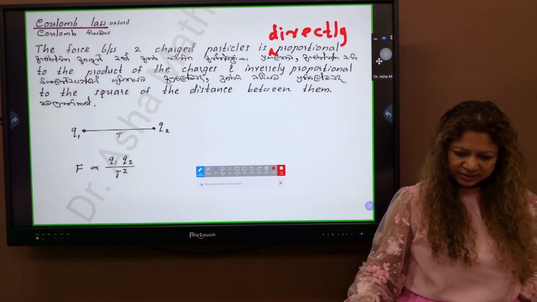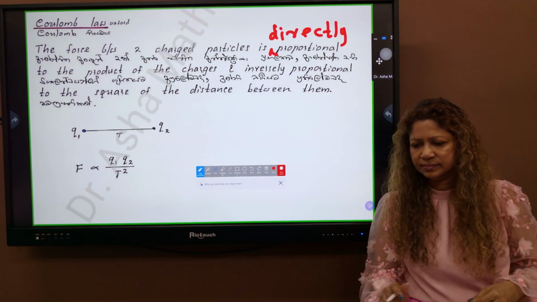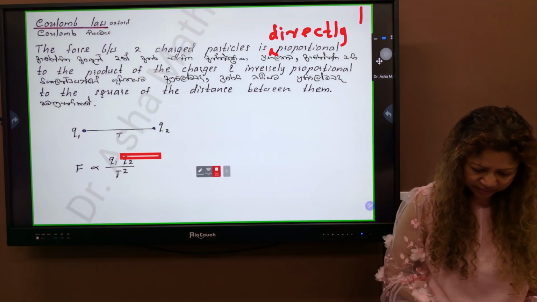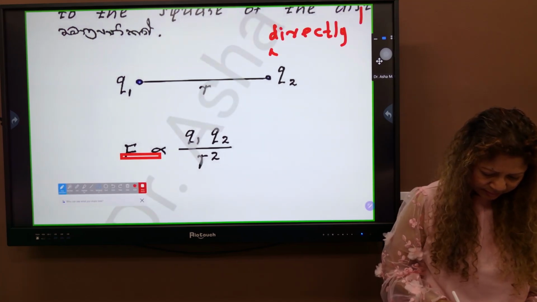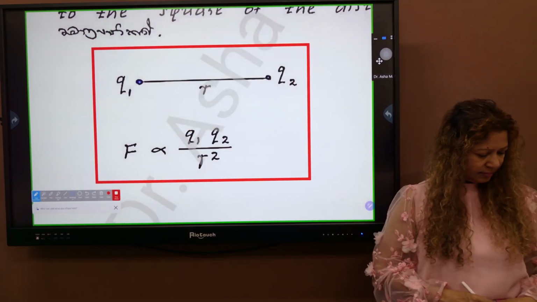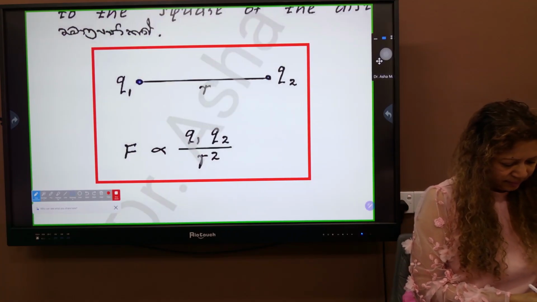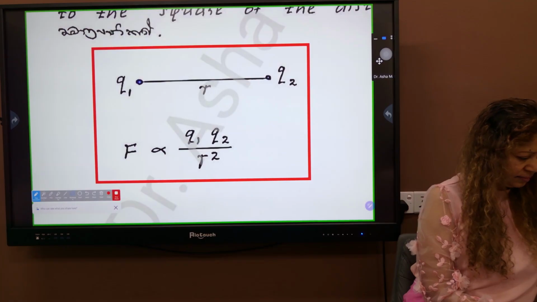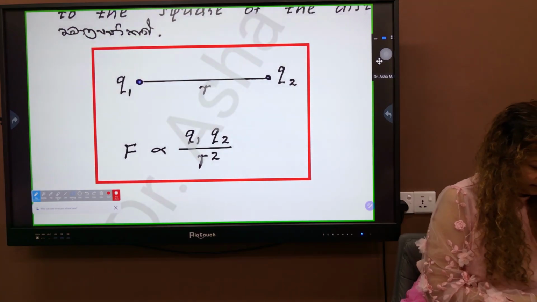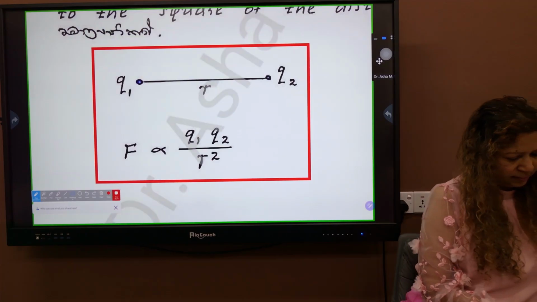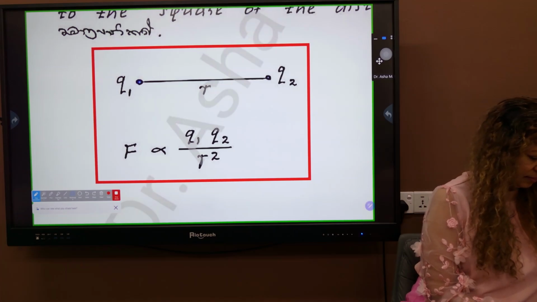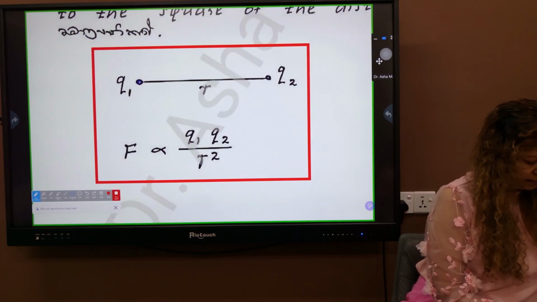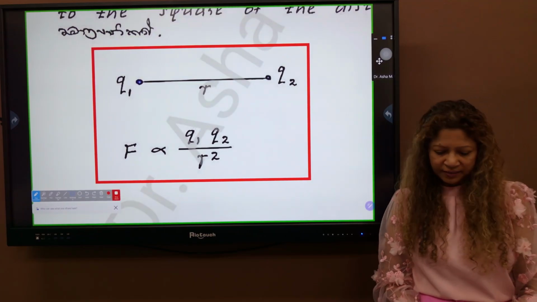Your page number 77. And then copy this. Finished. Okay.